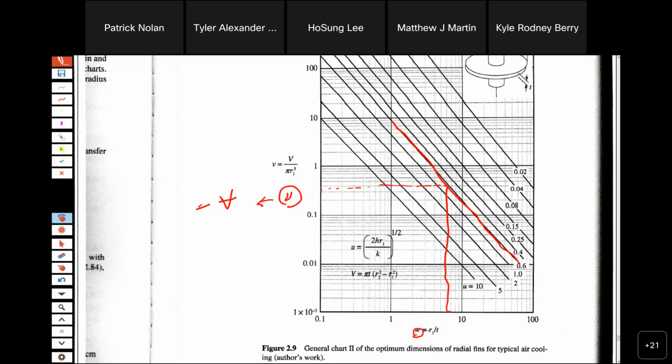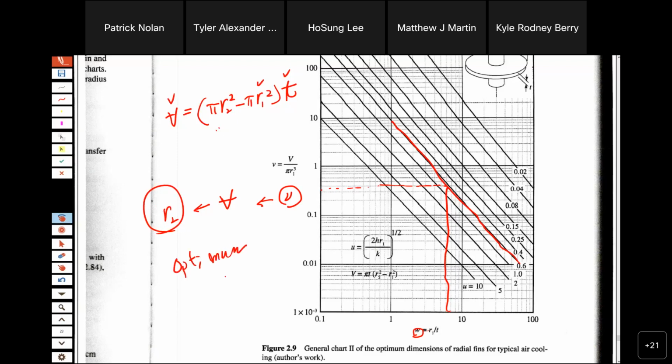Once I have a volume, can you figure out the volume is pi R2 squared minus pi R1 squared, times T? So T is known, volume is known. Do you think you can calculate the R2? Say yes. Yes. Is T known now?